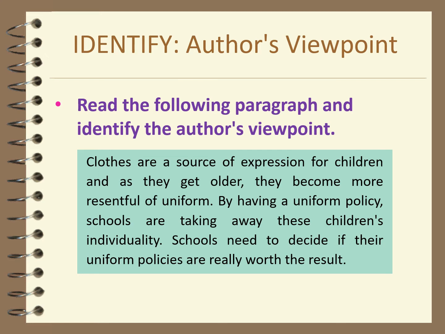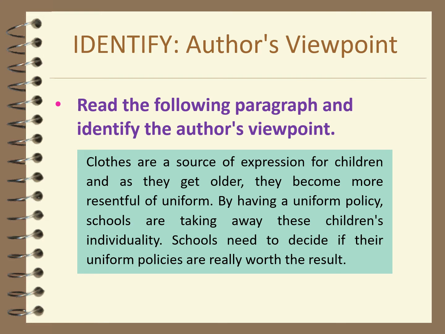Now, what is the topic? What is this particular paragraph about? It's about school uniform, right? So you know that the topic is school uniform. Now what about school uniform that the author is trying to tell you? In order to figure that out, you need to decide whether the author is against school uniform or the author supports school uniform.